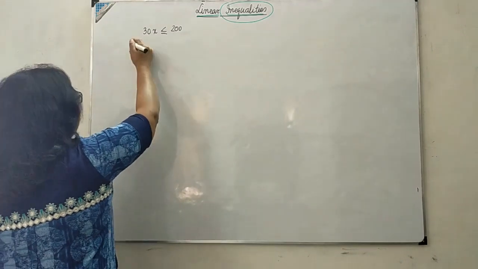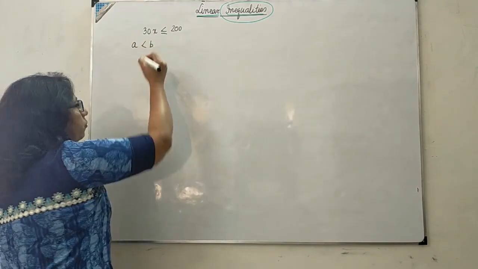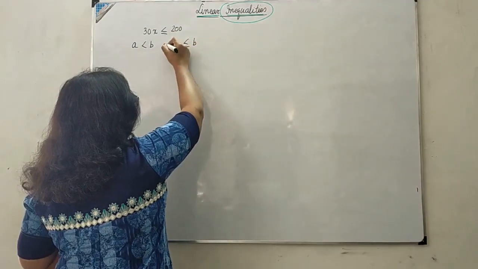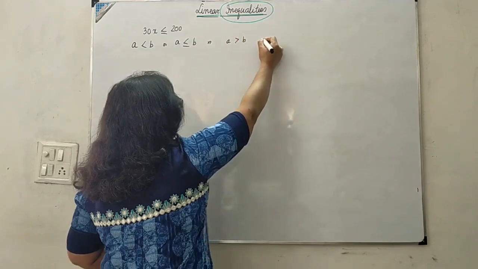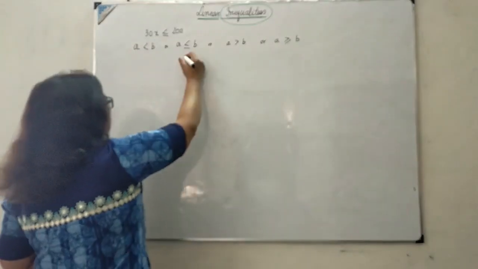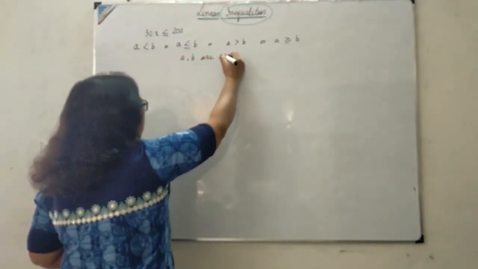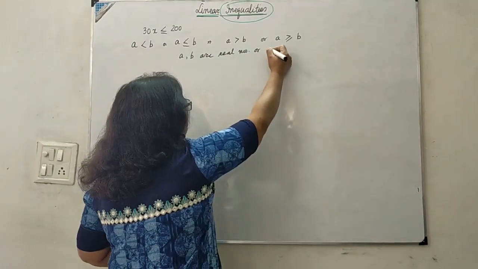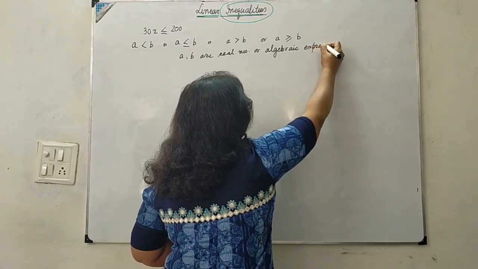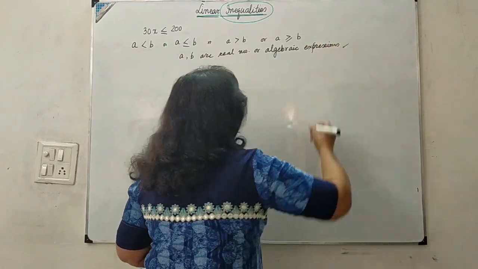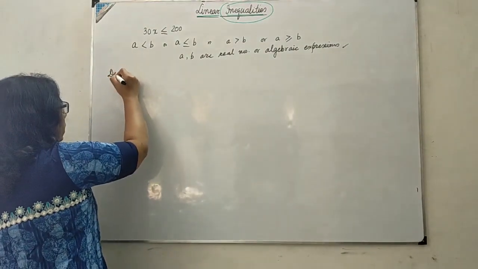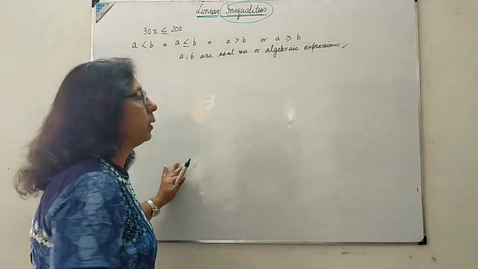First, inequalities are expressions of the form a less than b, a less than or equal to b, or a greater than b, or a greater than or equal to b, etc., where a and b are real numbers or algebraic expressions in one or two variables. These can be algebraic expressions, or numbers as well. So I am going to the definition of inequalities.